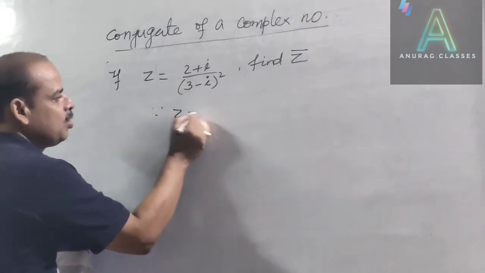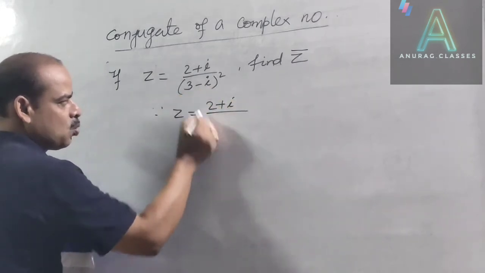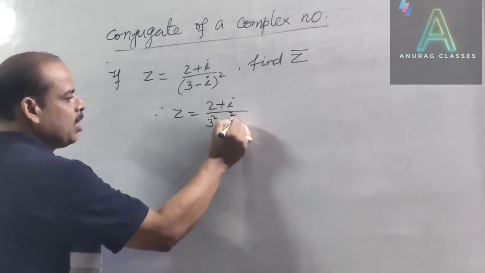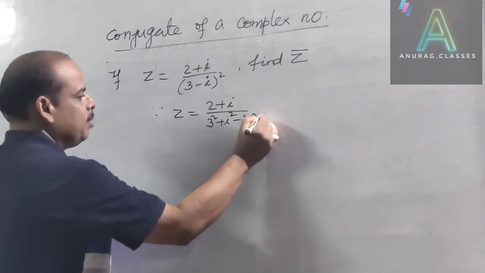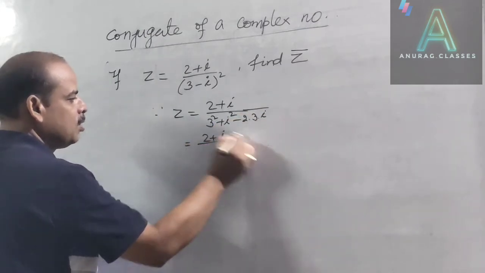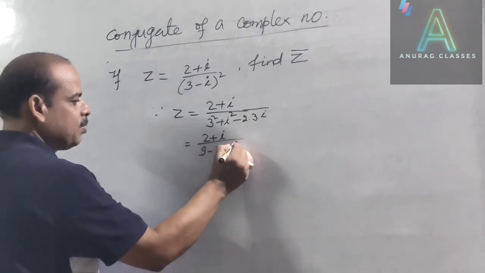So since z is equal to 2 plus iota, I am going to expand the square, a minus b whole square, a square plus b square minus 2ab. It will be 2 plus iota, 3 square is 9, iota square minus 1 and minus 6 iota.